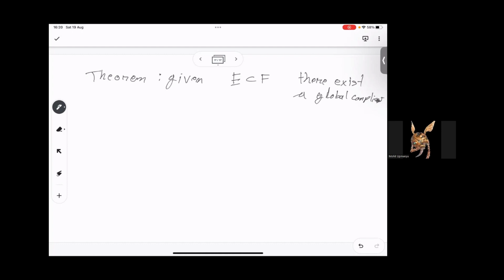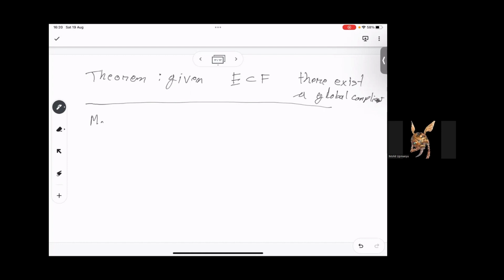So this is what we are aiming for. And for that, what we are going to do is create a global metric for every vector bundle, right? So first, let's define what a metric is, then it will become clear what we are saying.